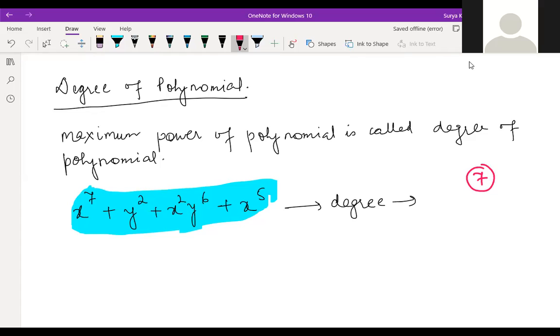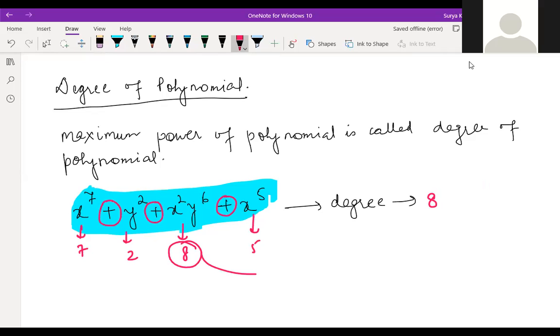See, here the degree of the polynomial is 8. That's why you should see here where the sign is coming in between, right, children? Here the degree is 7, here the degree is 2, here the degree is 8, and here the degree is 5. So the highest is what we write here.